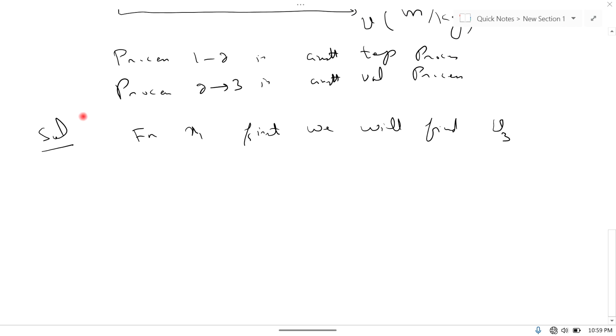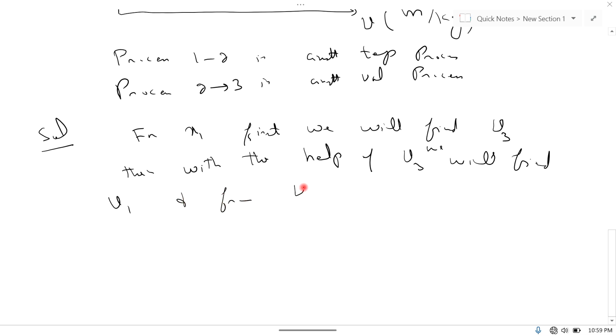So for x1, first we will find V3, then with the help of V3 we will find V1, and from V1 we will find x1.